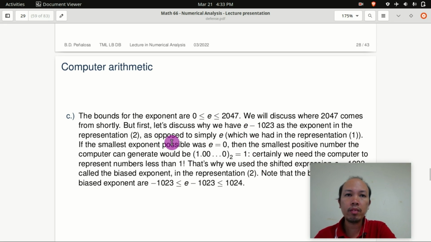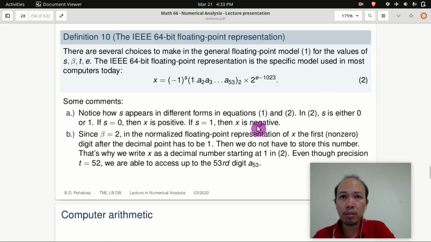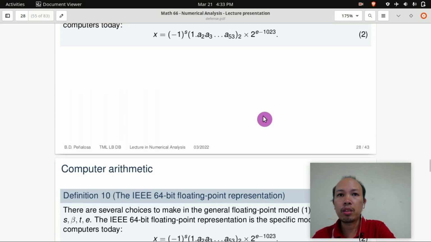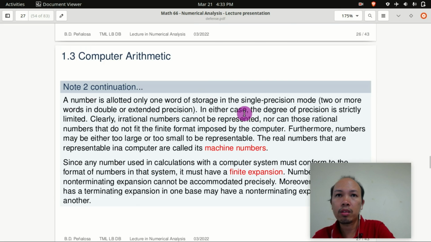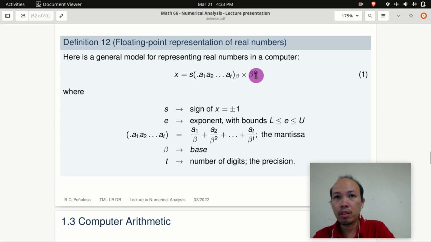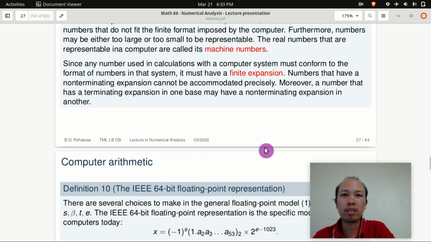So let's focus on the exponent. We have 2 to the e minus 1023. If you look at our definition, it should be 2 to the e. So why is there a negative 1023 in the exponent?